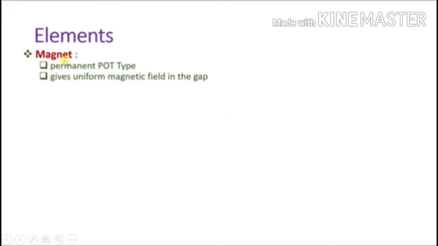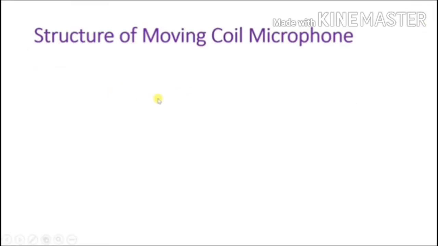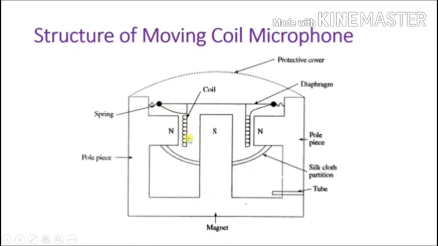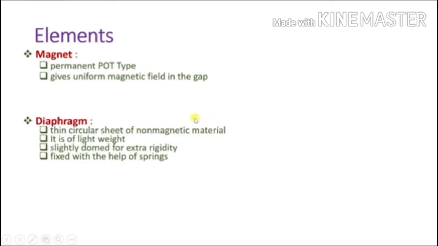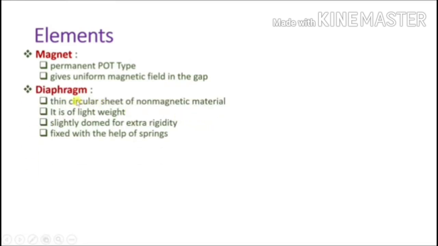Now let us try to understand the elements step by step. As I have told, we have a permanent magnet, and that is generating a uniform magnetic field in that particular gap which we have seen. Over here we have a fixed constant magnetic field because of this permanent magnet. We have the diaphragm, a circular sheet of non-magnetic material.